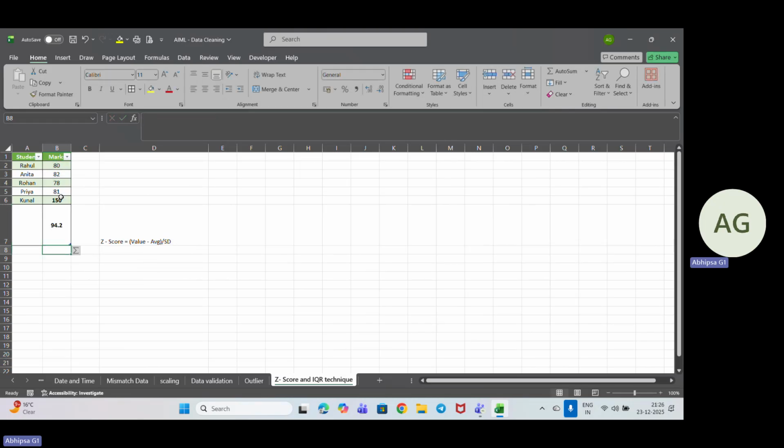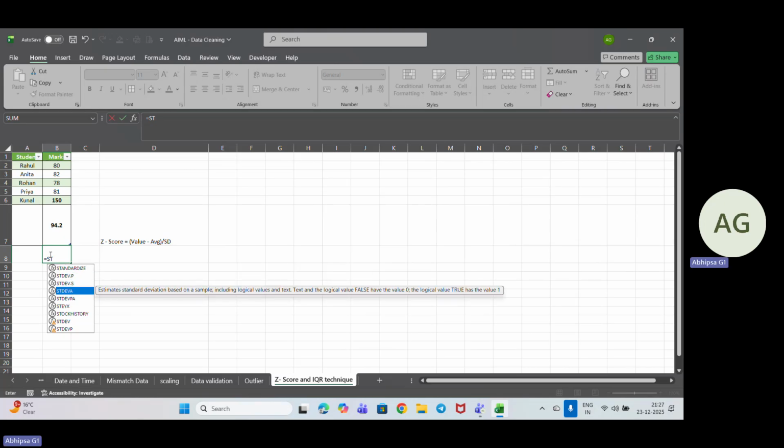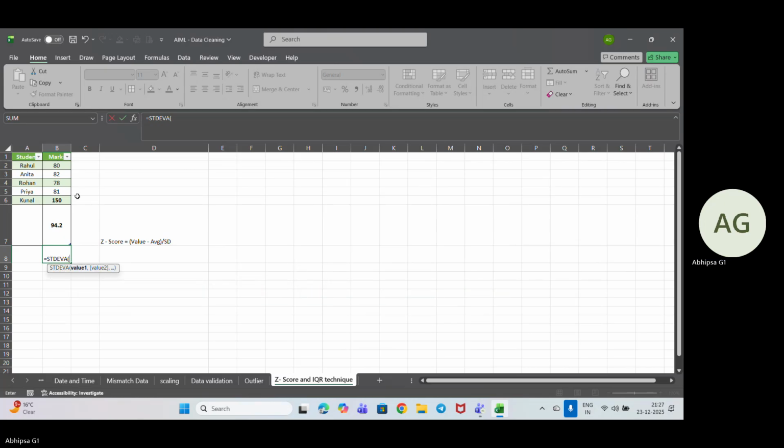Now we need to find the standard deviation, which will tell how spread out the marks are, right? Taking the values from here to here, we get around 31.28819. So we'll just take it as 31.